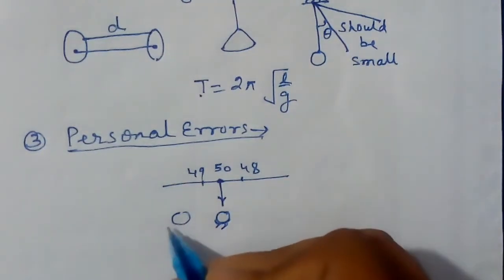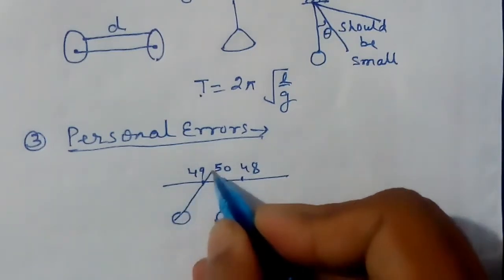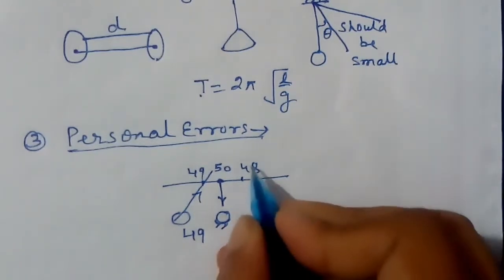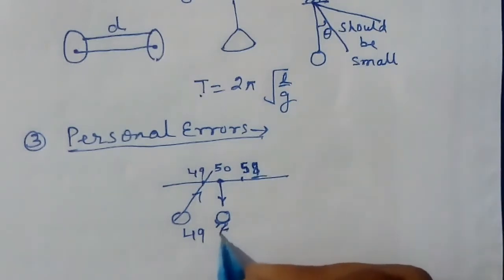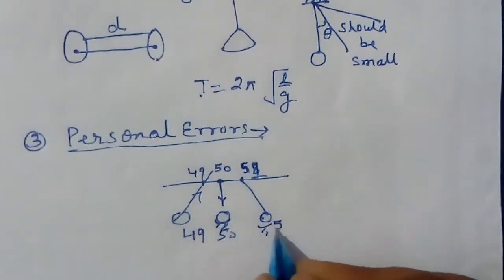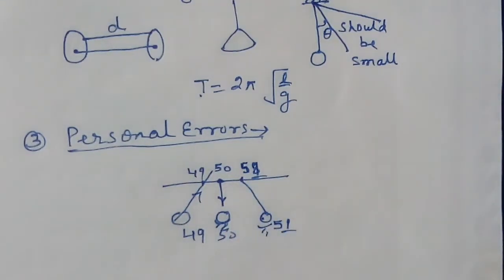If a student takes the observation from here, according to him the value is 49, according to another the value is 50, and a person from here, according to him, the value is 51. So this is the carelessness of the person who is performing the experiment. So we can classify it under personal errors. Okay. So the errors that arise due to these are known as systematic errors.